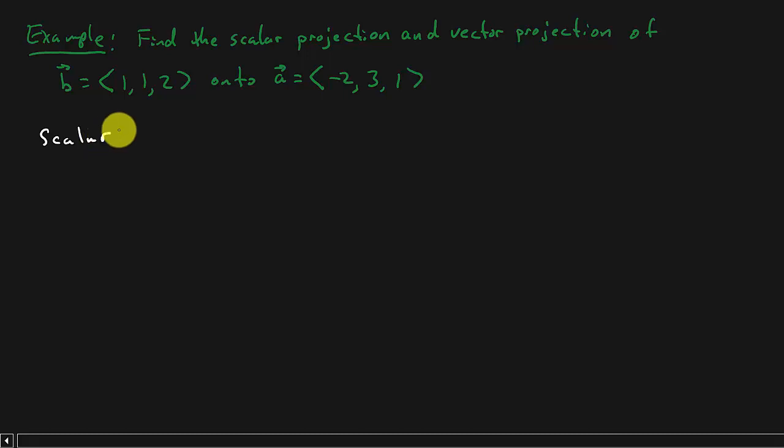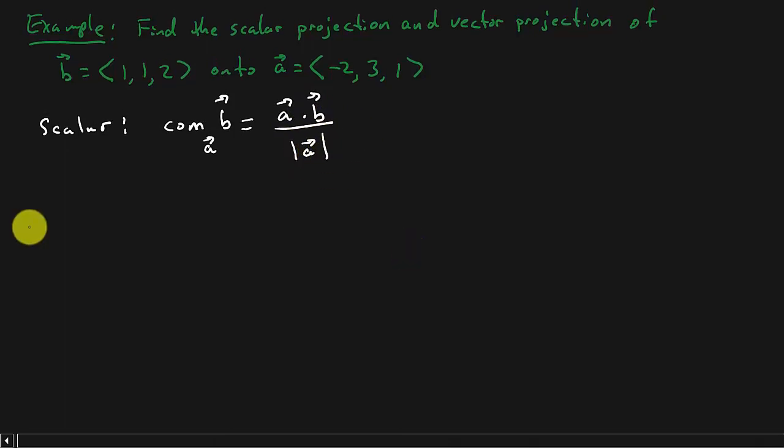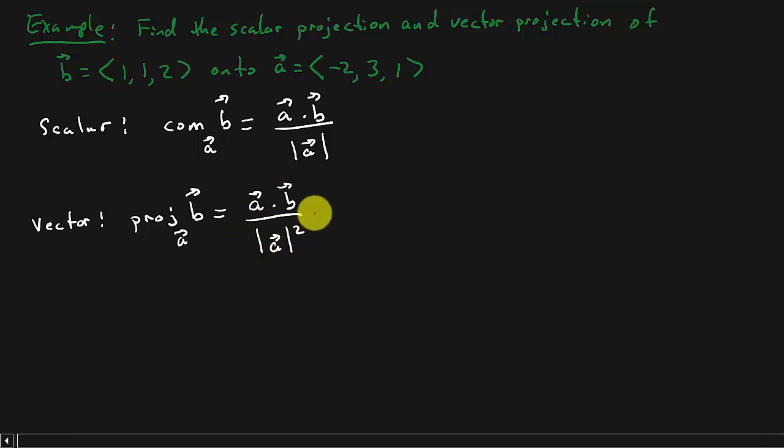Here's the scalar: the scalar projection of B onto A is equal to the dot product of A and B over the magnitude of A. And then the vector projection of B onto A is going to be the dot product of A and B over the magnitude of A squared times vector A.